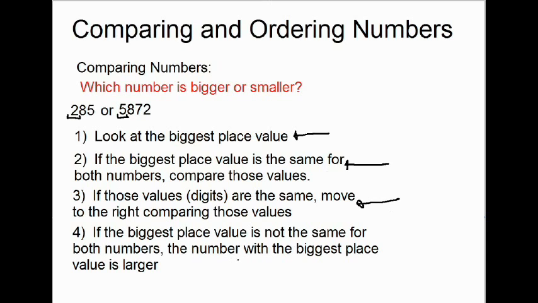In this case, 5,872 has a digit other than 0 in the thousands place. So the biggest place value, the value furthest to the left, is the thousands. For 285, the biggest place value is the hundreds. Well, thousands are bigger than hundreds, so we would say 5,872 is bigger than 285, or 285 is smaller than 5,872.